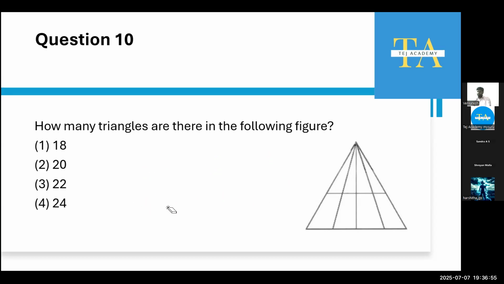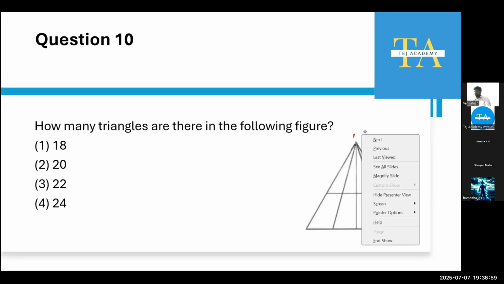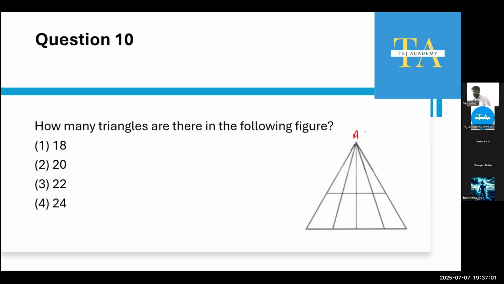So to identify how many triangles are there, we label it A, B, C, D, E, F. First we identify the triangles. ABC is one triangle. Next ACD is one triangle.